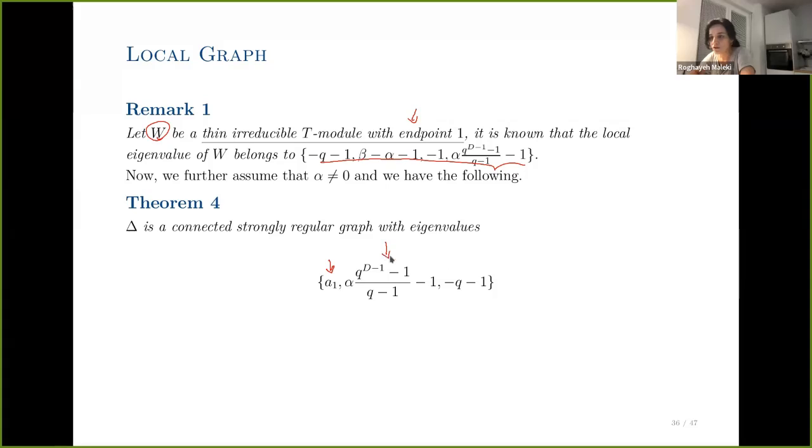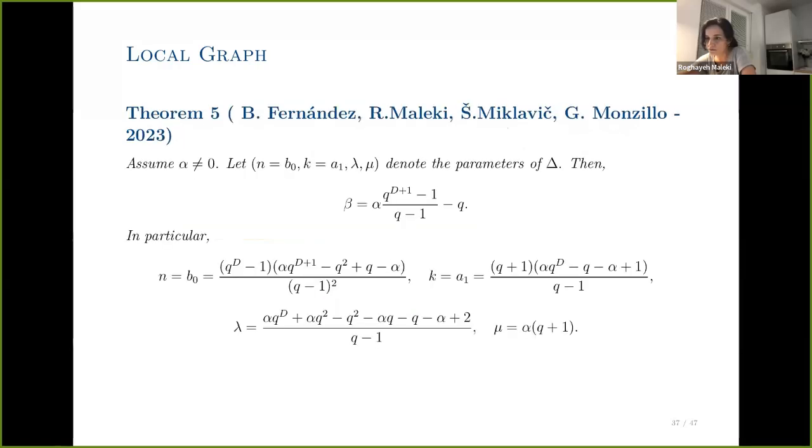And knowing this fact, along with some other assumptions, we were able to show that delta is a connected strongly regular graph with these eigenvalues. So this is the valency of the graph. This I call R, and this I call S, because later you'll see why I call them R and S. So we have this connected strongly regular graph with these eigenvalues.